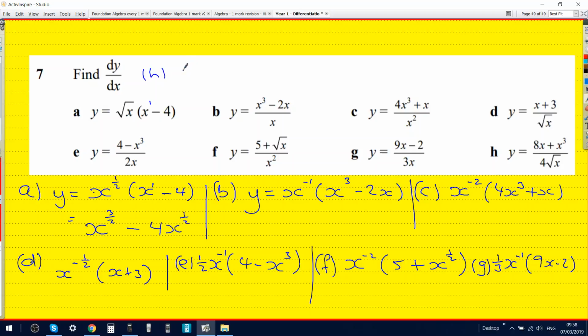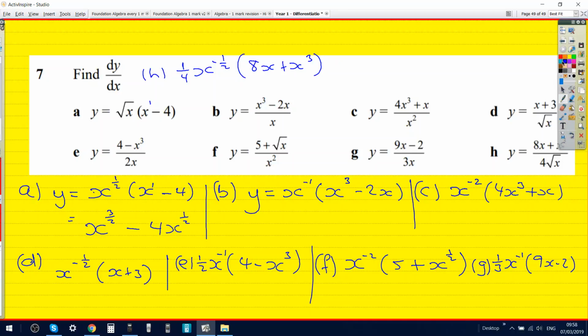Is it 1/4 x to the minus a half? Brilliant. And then that's all the same. Okay. So expand B. What do you get?